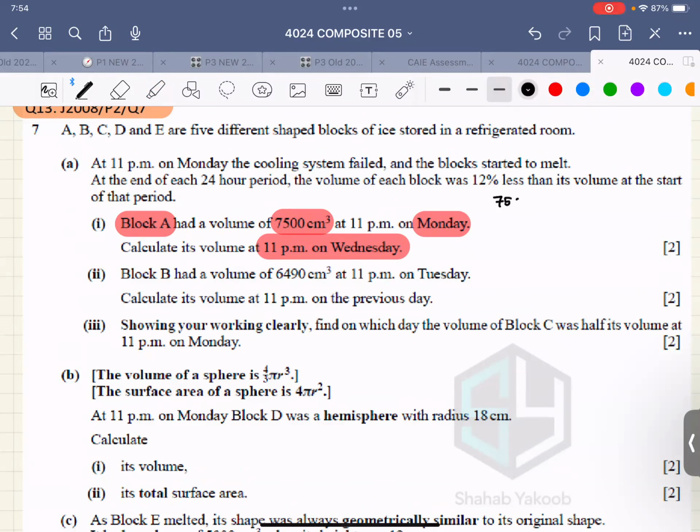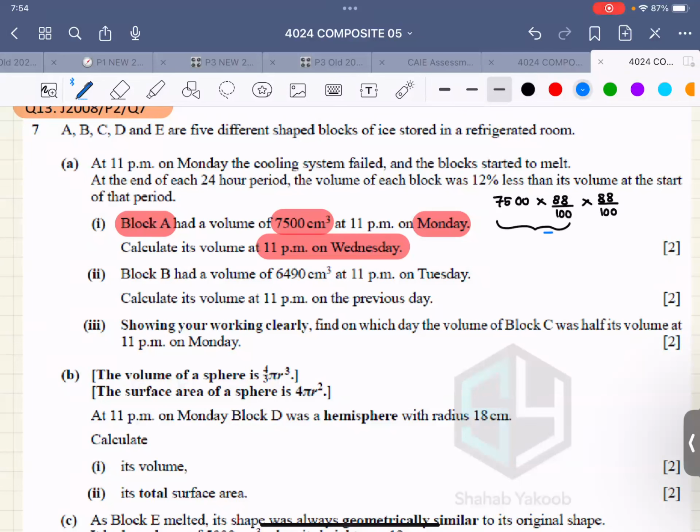Now, if I work this out, first of all, 7,500 into 12% is gone. Therefore, 88% of the original remains. That is the first part. And whatever is left by Tuesday, again 88% of that will be left. I'm just writing it in one shot.